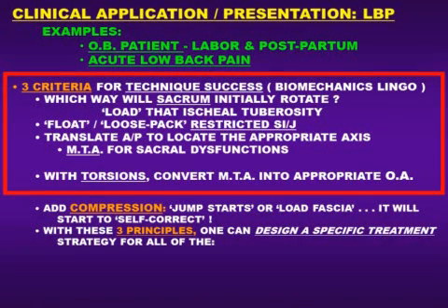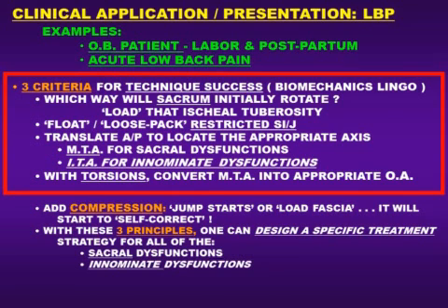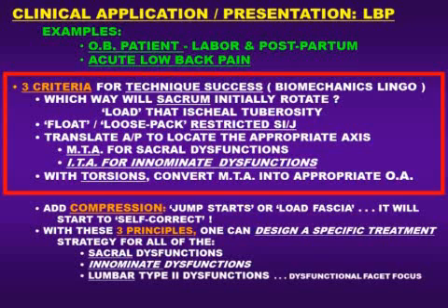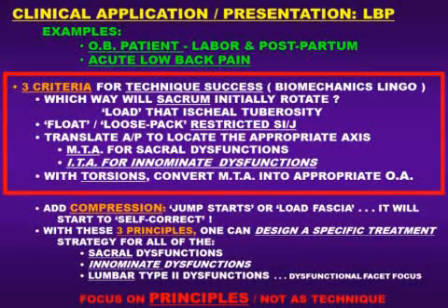With these three principles, one can design a specific treatment strategy for all the sacral dysfunctions, all the innominate dysfunctions, and with the innominates, you're going to use the inferior transverse axis when you translate forward and back, and with the type 2 lumbar dysfunctions. So they can all be effectively treated using these three principles that we talked about above.